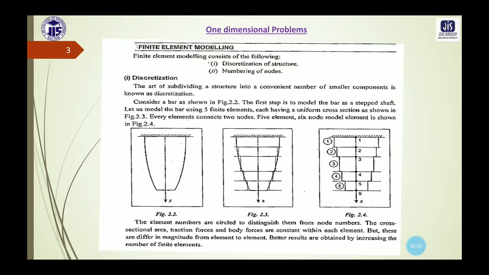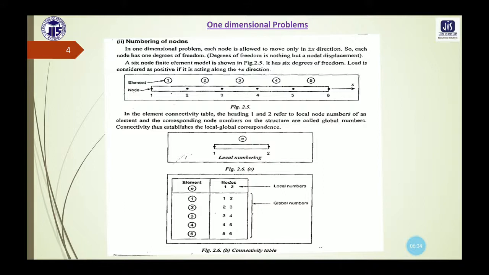Better results are obtained by increasing the number of finite elements. Next, we have the numbering of nodes. In case of the one-dimensional problem, each node is allowed to move only in the plus or minus x direction.